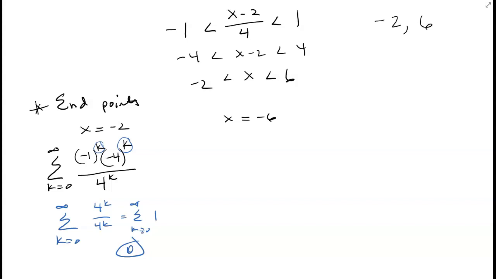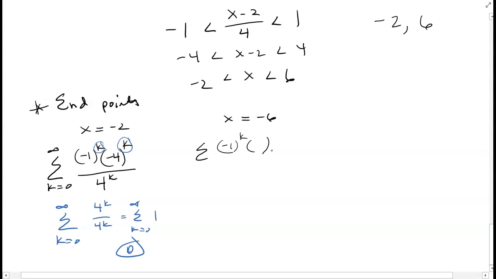It's going to diverge. Okay, a similar thing's going to happen over here. You have summation negative 1 to the k, but now I have negative 6. Oh, 6, not negative 6. Why did I have negative 6? It's 6. 6 minus 2 is 4 to the k over 4 to the k.